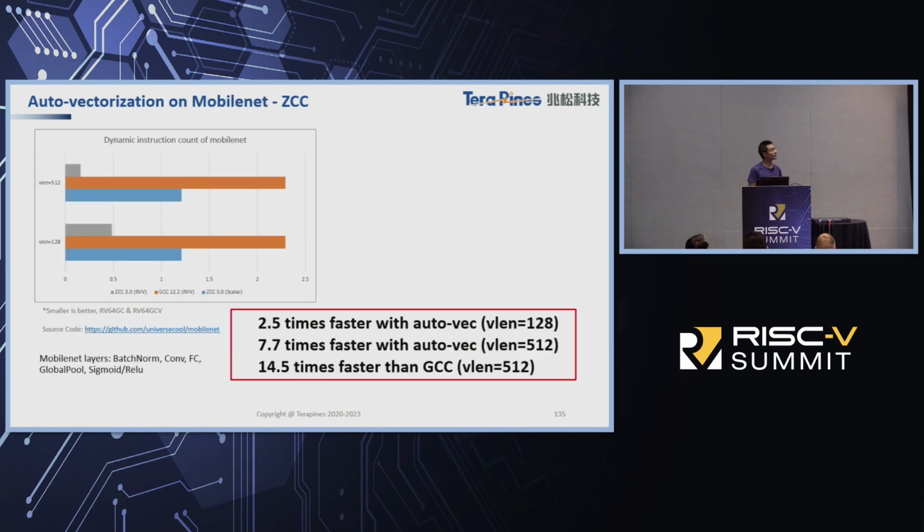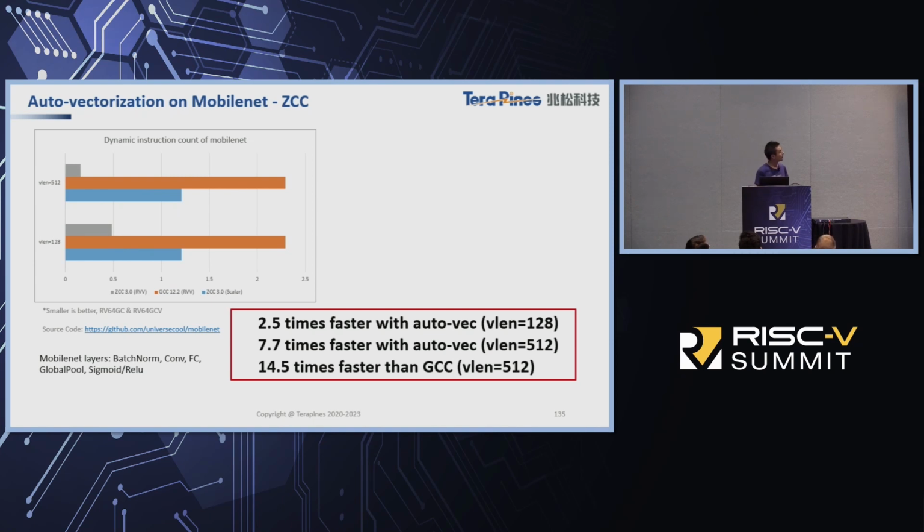The next slide is the benchmark of MobileNet. You can see we benchmarked our compiler against scalar and against GCC 12.2. We achieved 2.5 times faster performance than the scalar version for a vector length of 128.